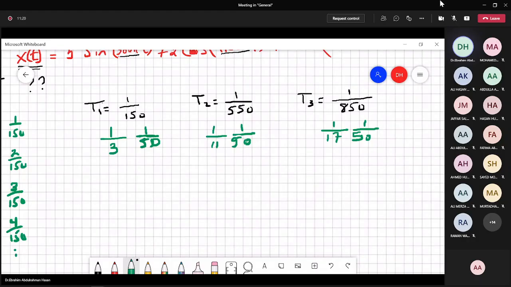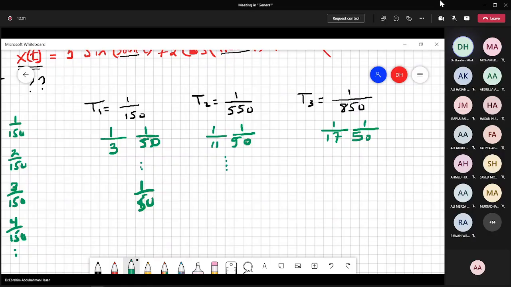What is the meaning of this? Notice here, for the first one, after it repeats itself 3 times, we reach 1 over 50. 1 over 50, 2 over 50, 3 over 50. It means that after 3 times, this term will be equal to 1, so we are left with 1 over 50.